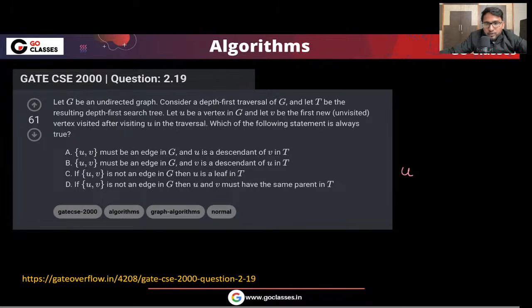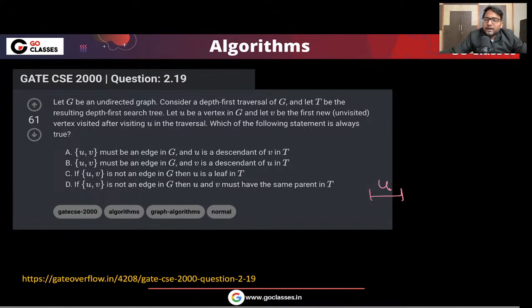Now it might be the case that you are visiting U, which means you start this U and end this U, so you immediately backtrack.